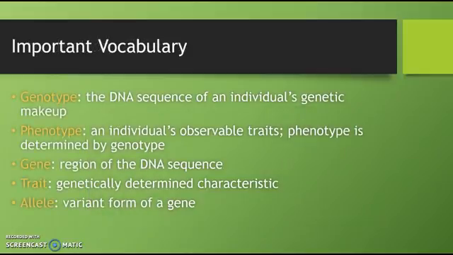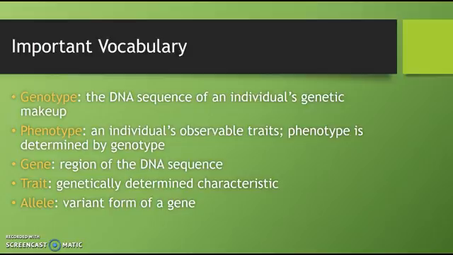Important vocabulary. This is vocabulary that will be used throughout learning genetics. Genotype, obviously, is the DNA sequence, and phenotype is the observable traits. Gene is a region of the DNA. Trait is a genetically determined characteristic, and an allele is a variant form of the gene.